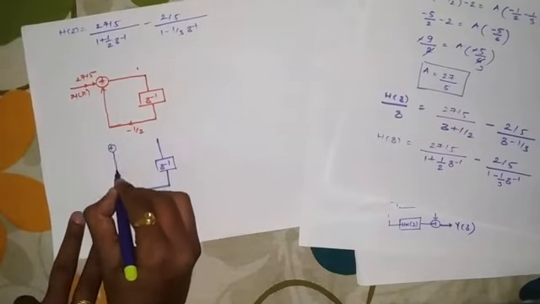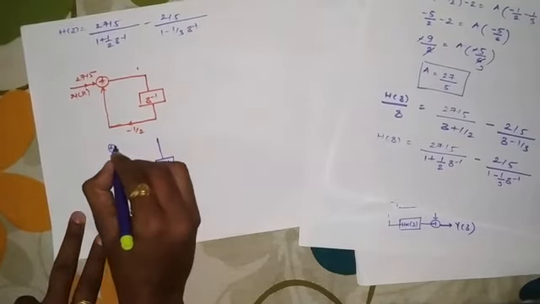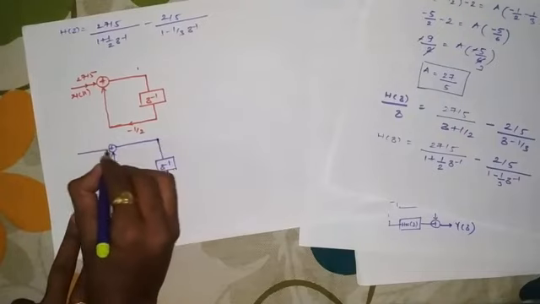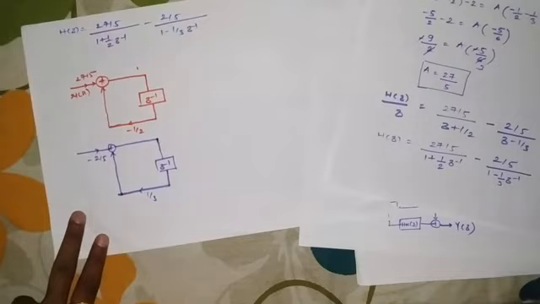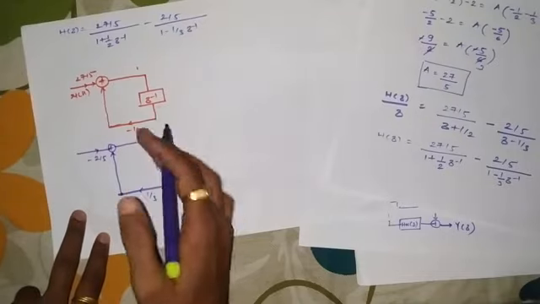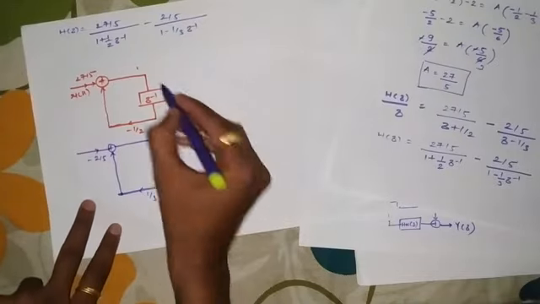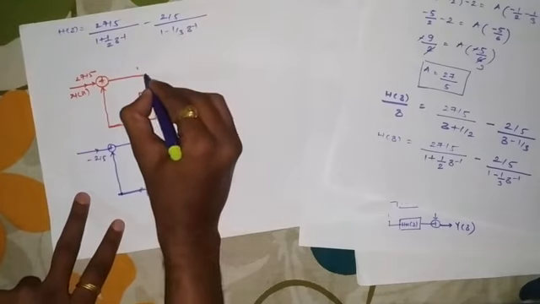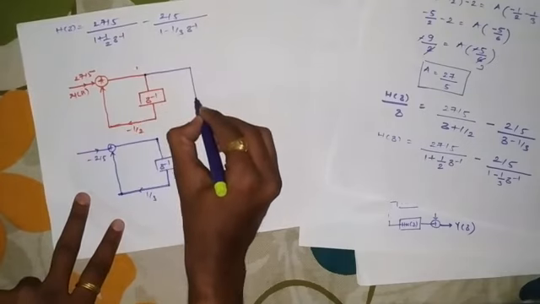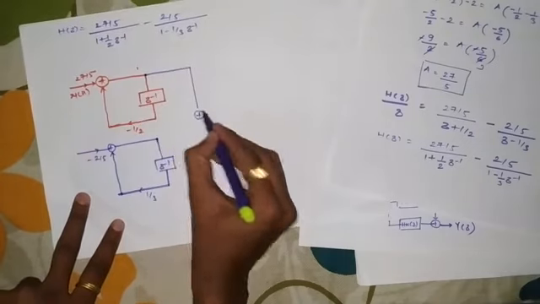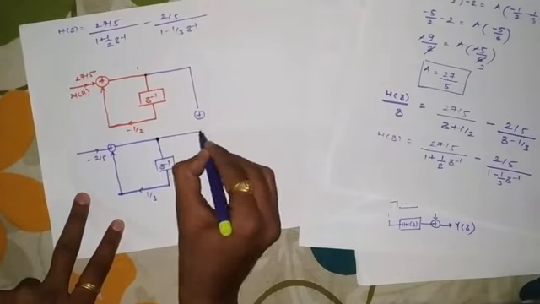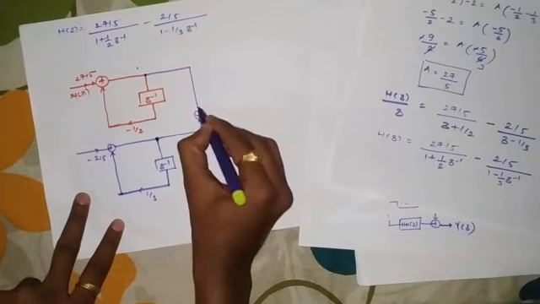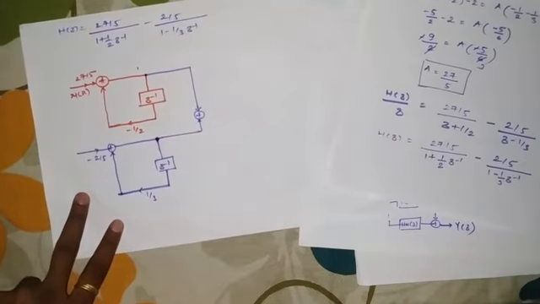Adder is placed here, and this is again multiplied with minus 2 by 5. Now these two systems should be added with each other, so we can assume this is the output of the first system, and this is nothing but the output of the second system. These two are added with each other.